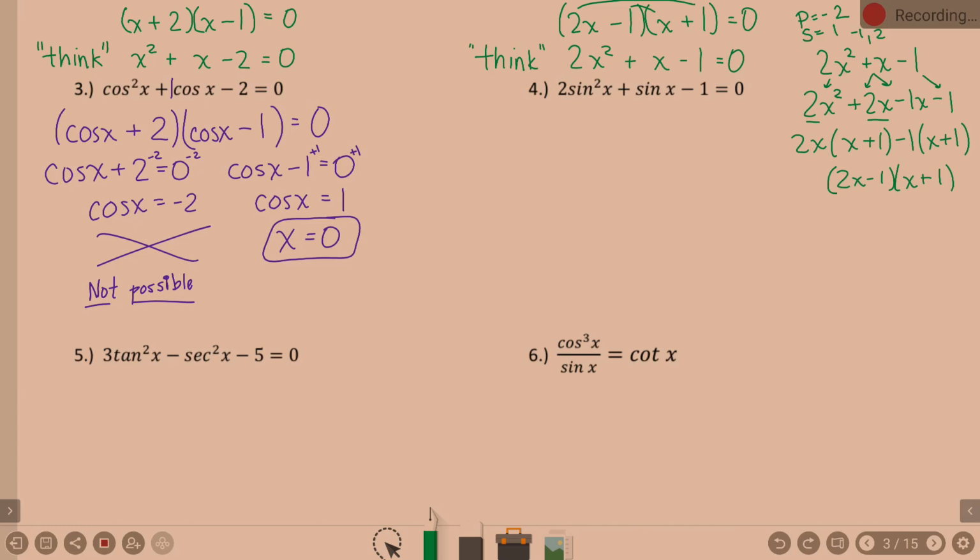Okay. Now, here's the deal. We don't really just want 2x minus 1, x plus 1. Those x's were actually what? Signs. So I'm going to write this as 2 sine x minus 1, instead of 2x minus 1. Instead of x plus 1, sine x plus 1 equals 0.